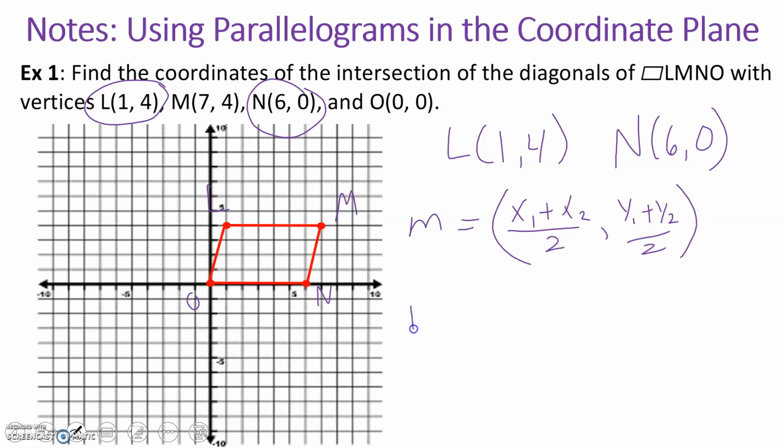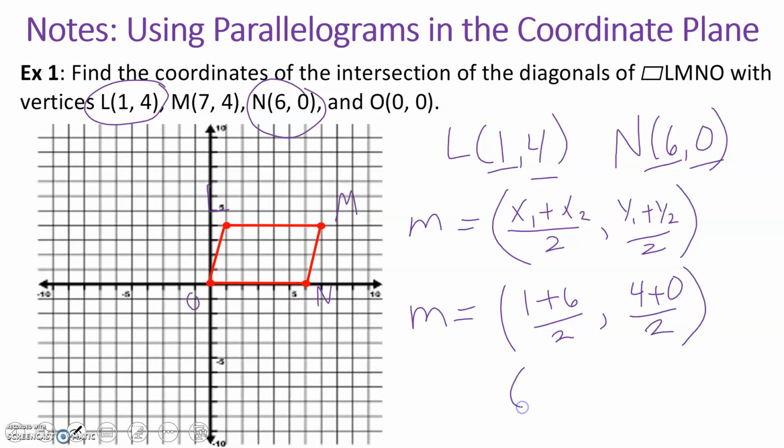So let's go ahead and do that for L and N. Our midpoint is given by 1 plus 6, those are our x values, cut in half, comma, y values, 4 plus 0, cut in half.